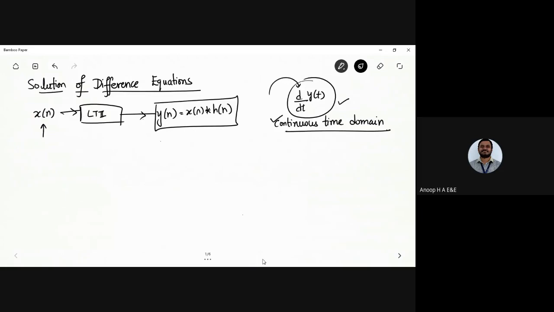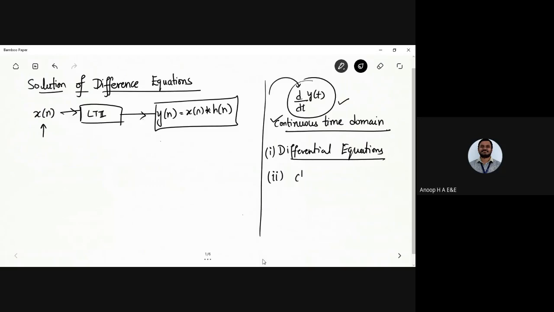Now d by dt of y of t, which was referring to the continuous time domain, there we were classifying it based on the differential equations. So one thing that is there is the differential equations. Second one, what we come across is the characteristic equation of the differential equation.